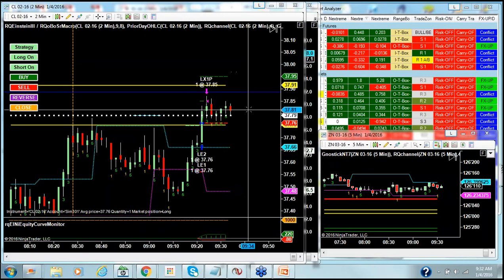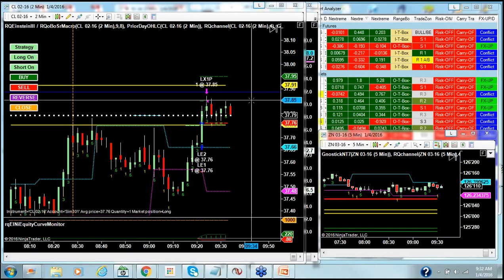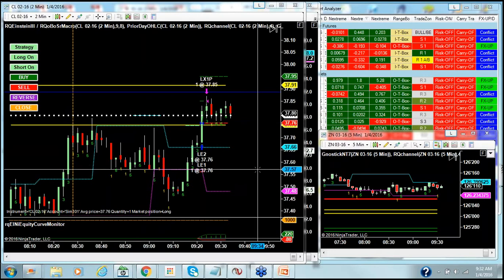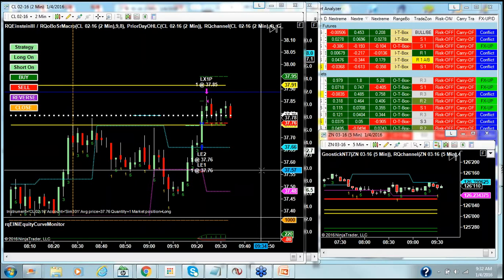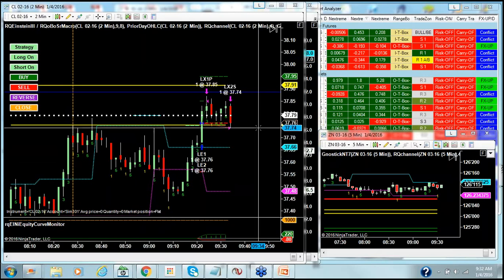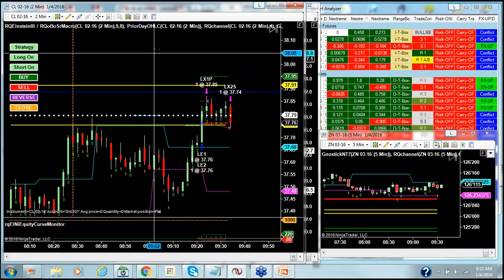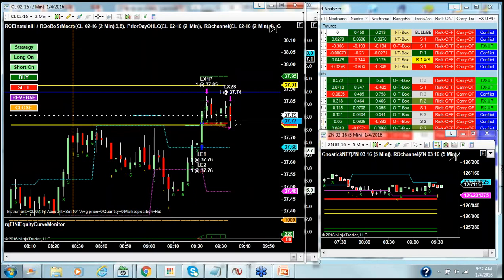There we go, guys. Here's the pullback. And now let's see if the break even kicks in. There you go. We got slippage on the way out. No, that's slippage.